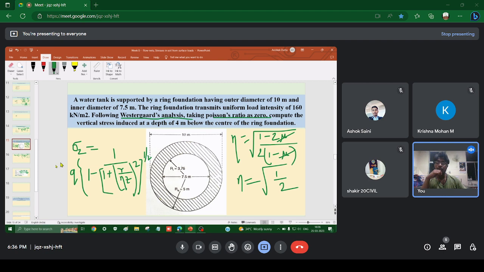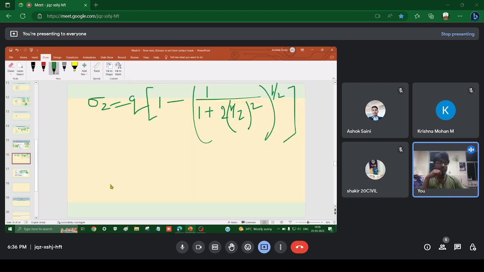So the formula of stress, sigma z, will be equal to q, which is 160, into 1 minus 1 divided by 1 plus 2 into r by z. The outer r is 5, inner is 3.75, depth is 4.